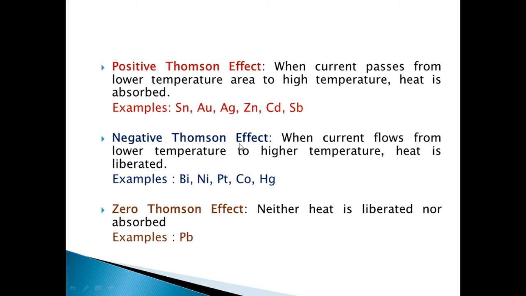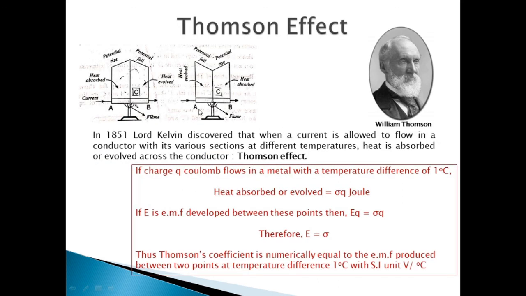Now comes the negative Thomson effect. This is just the opposite of the positive Thomson effect. That is, when current flows from a lower temperature area to a high temperature region, heat is liberated. That happens in this second figure. When current flows from the low temperature area to the high temperature region, heat is liberated, and in the second portion, heat is absorbed.